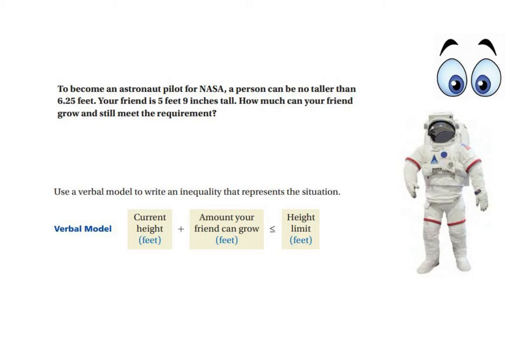So our current height of our friend is 5 feet 9 inches. So let's write that as 5 feet and 9 inches out of 12. If we simplify this and we divide by 3/3, we'll get 5 3/4.